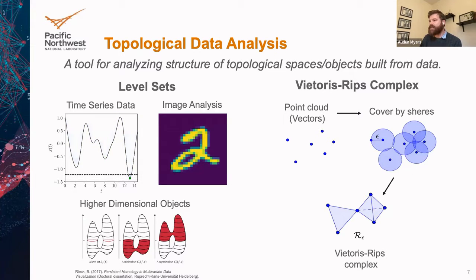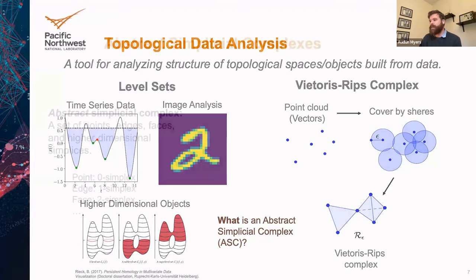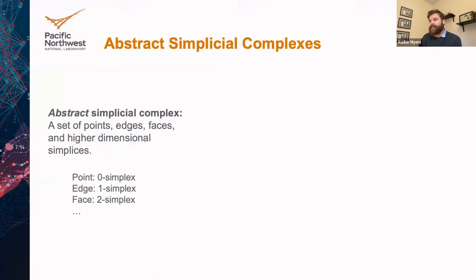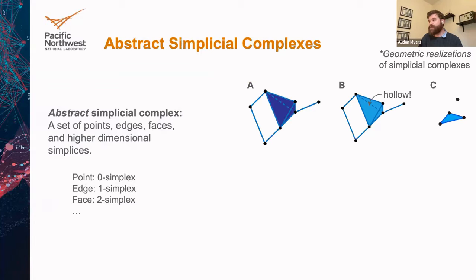But in all of these, the way we go from data to something we study with topology is through what's called an abstract simplicial complex. So what exactly is an abstract simplicial complex? Similar to a geometric object, this is just a discrete version of it where we have points, edges, faces, and higher dimensional simplices.